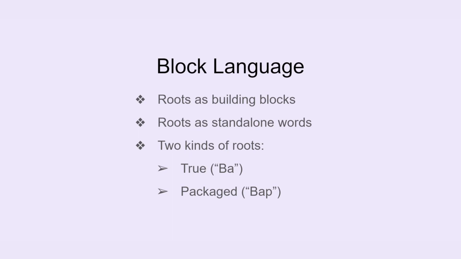So when you're deriving the meanings of words, you have to pay attention to, okay, can this couple of letters be alone? If no, then you might need to add a letter. I can go into that more in a later episode, but there are two roots, true or packaged, they follow specific guidelines, and building blocks create different words.